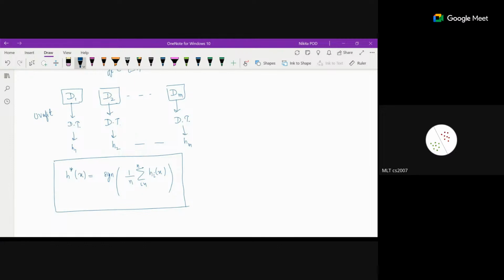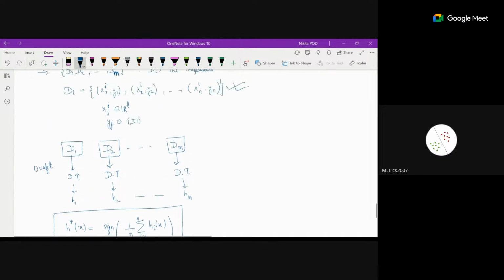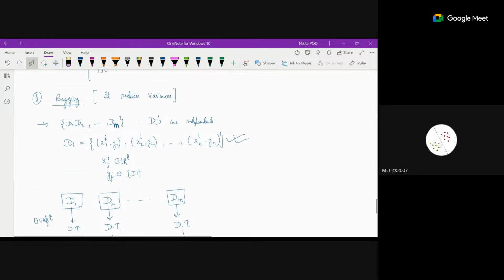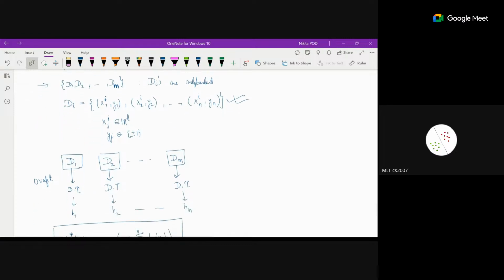But what will happen is that you will not have m different data sets with you. You will only have one data set. We were talking about how averaging will reduce the variance, and for that purpose we said, let's say we have m different data sets, and for each data set we fit H1, H2 up to HM.